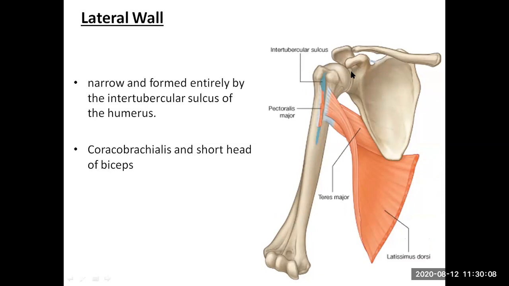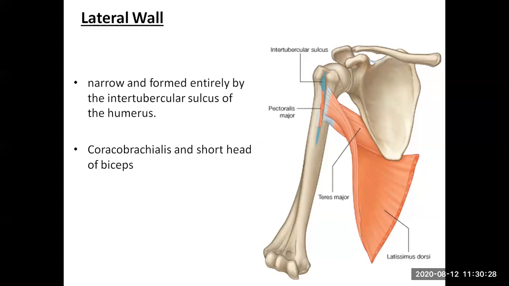This is the coracoid process of the scapula. This is the acromion process of the scapula. And this is the glenoid cavity, where the head of the humerus articulates to form the glenohumeral joint.